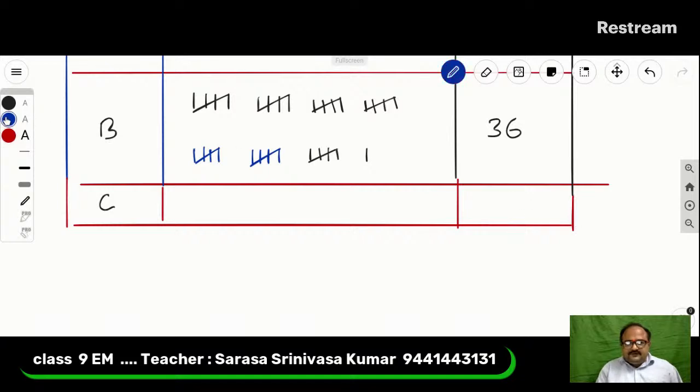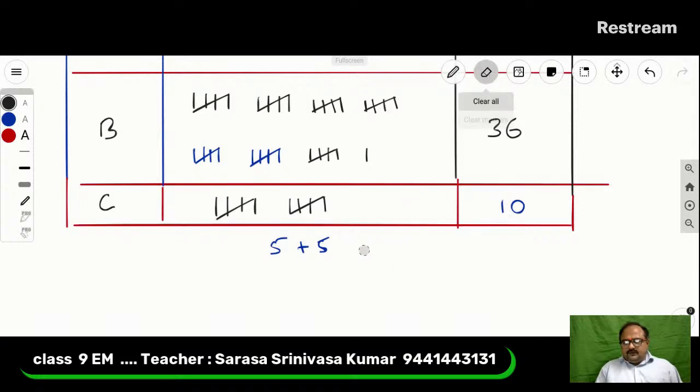The frequency of this option C is 10. Therefore, we can write it as 5 plus 5. 10 can be written as 5 plus 5. 1, 2, 3, 4, 5. Next, 5. 1, 2, 3, 4, 5. So here we get 5 plus 5 equal to 10.